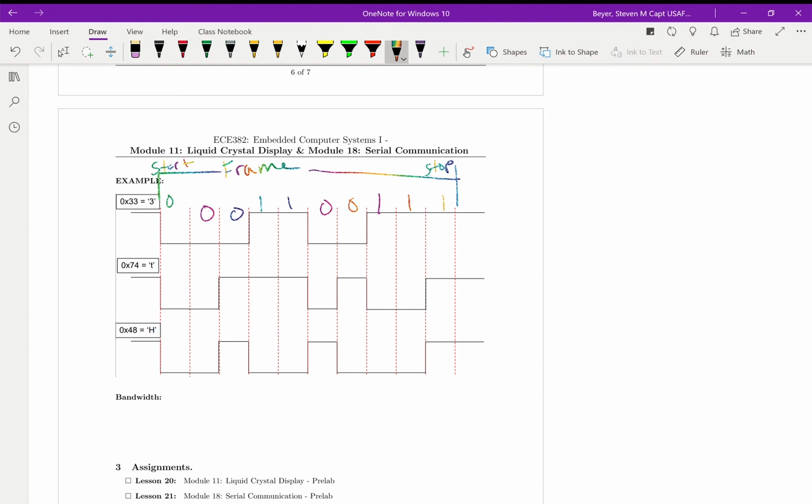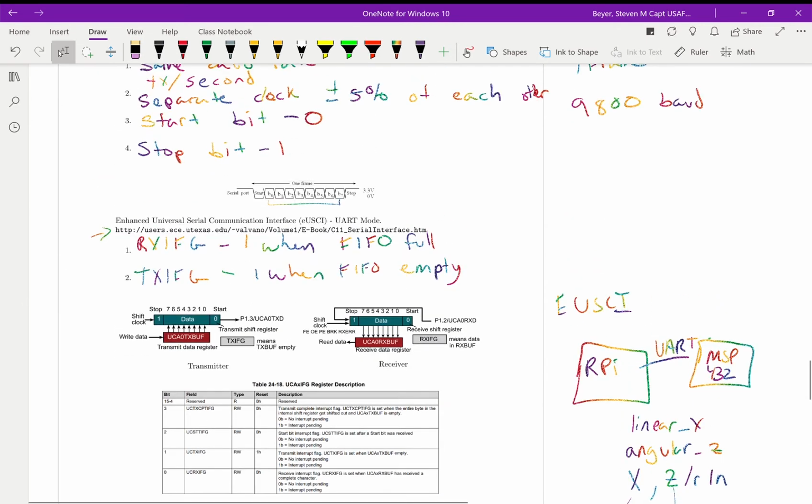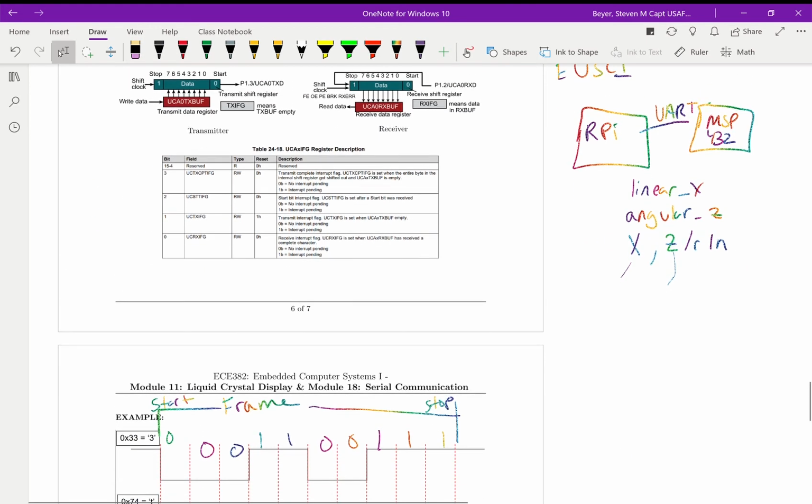Key thing to note, as this comes in, if we look at this here, in this example, I do it left to right because that's how we read, and it's easy to see that this is 3, 3, or the character 3.